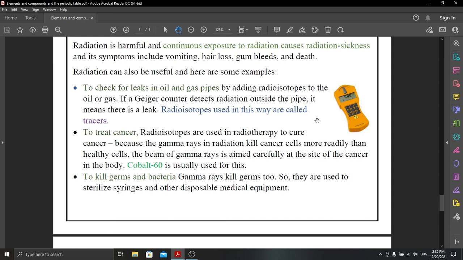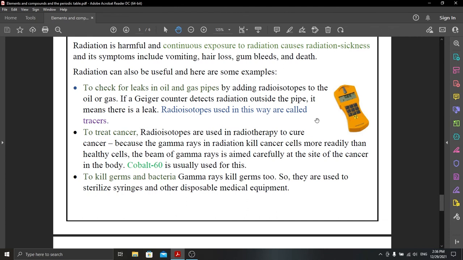We also use radiation to treat cancer. Yes, radiation can cause cancer, especially ultraviolet radiation from the sun. It can damage tissues and cause them to proliferate on a very high level, but we also use radiation or radioisotopes to treat cancer. Gamma rays from some radioisotopes kill cancer cells more readily than healthy cells because, well, when someone has cancer and they're trying to treat him, they direct a gamma ray on all the cells, the good and the bad, the healthy and the unhealthy.